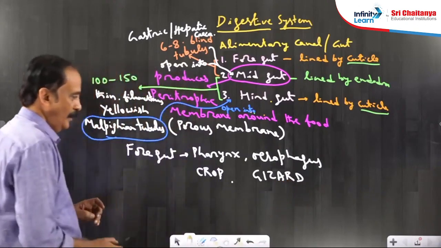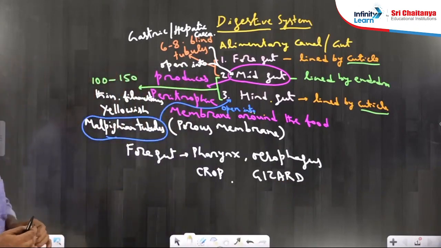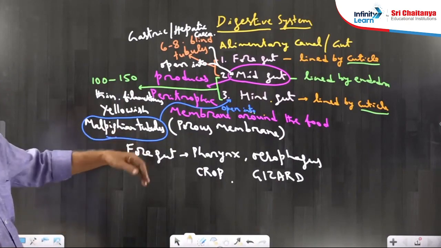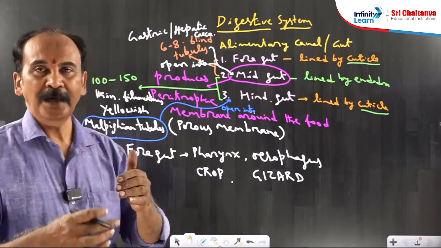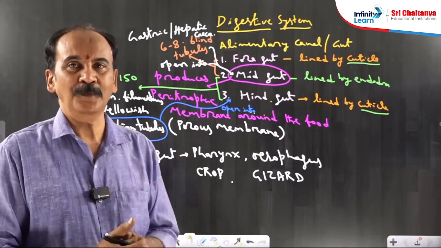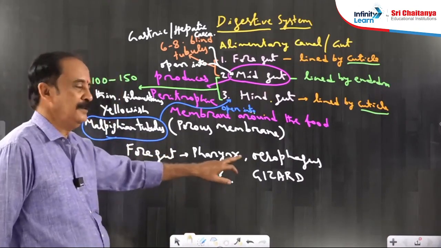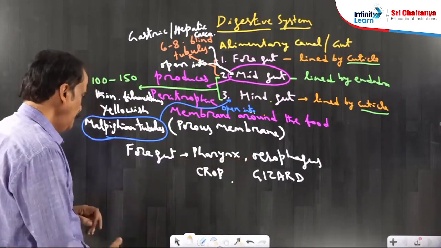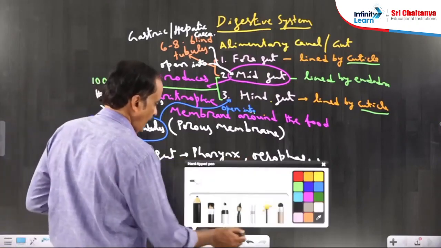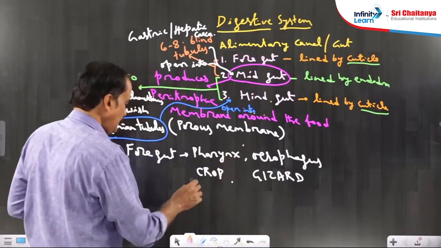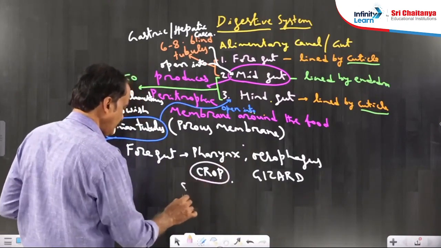So these regions are present in the foregut, which help in receiving the food material that is cut by the mouth parts and mixed with the saliva. That is swallowed through the mouth, enters the pharynx, passes through the esophagus to the crop, and the crop stores the food material.